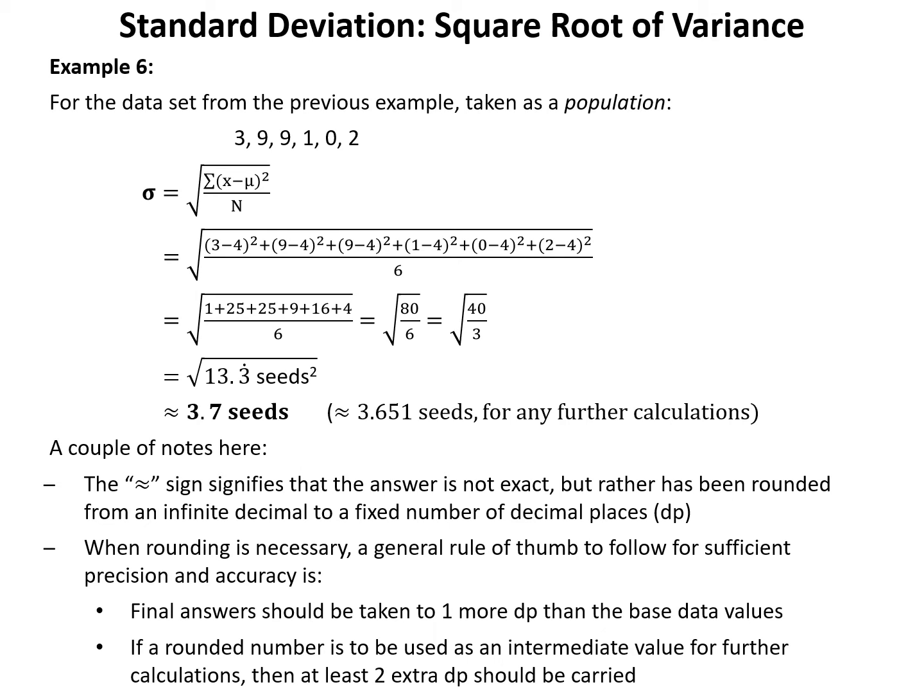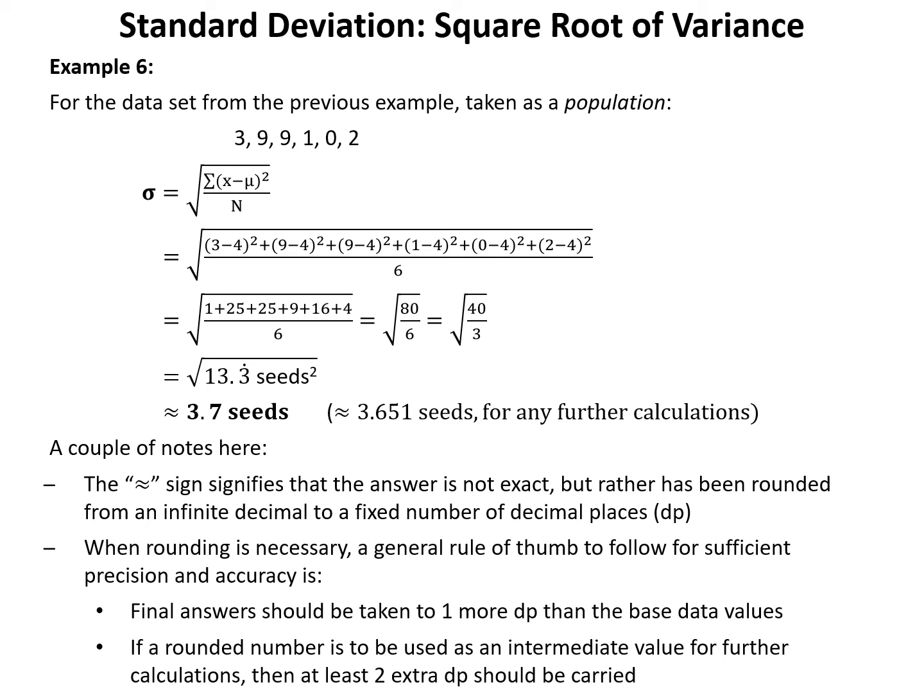And note that the answer now has the units seeds, not seeds squared, which is the same as the units in the data set, the original base values from the data set. Now, you'll see in brackets after the answer of 3.7, we see also the answer shown rounded to 3 decimal places, which is 3.651 seeds, which it says here is for any further calculations.